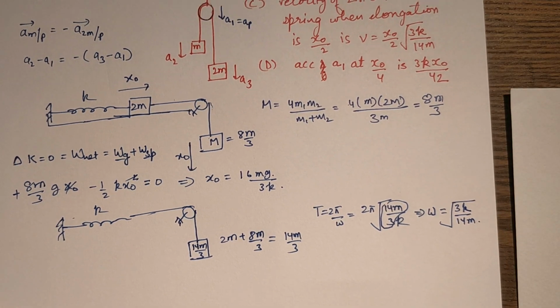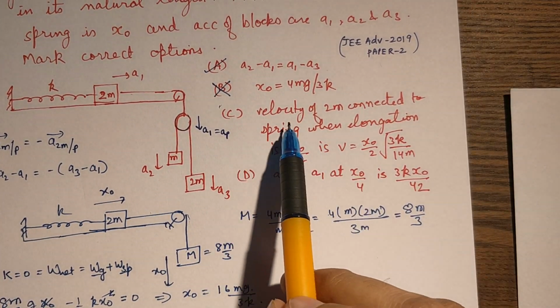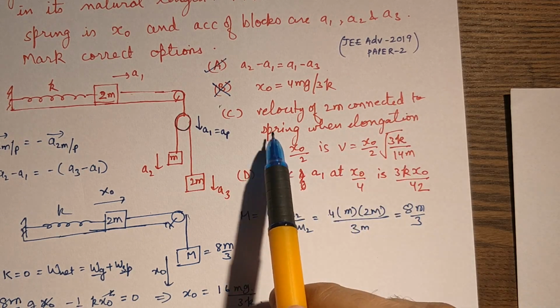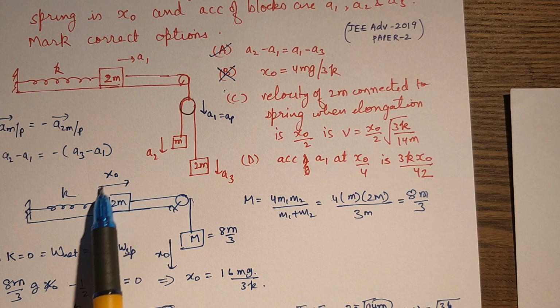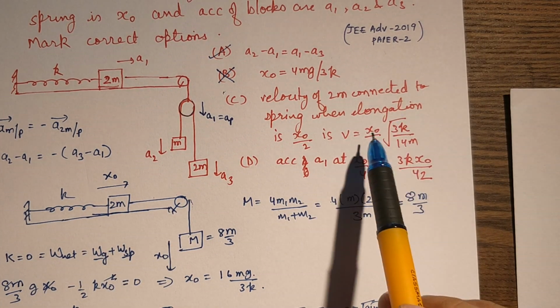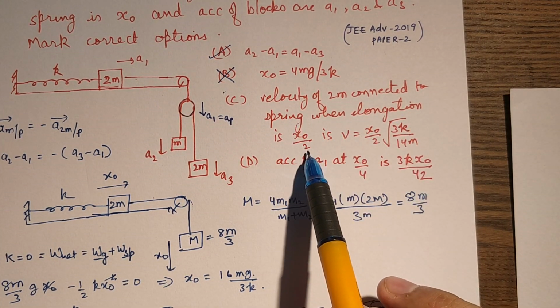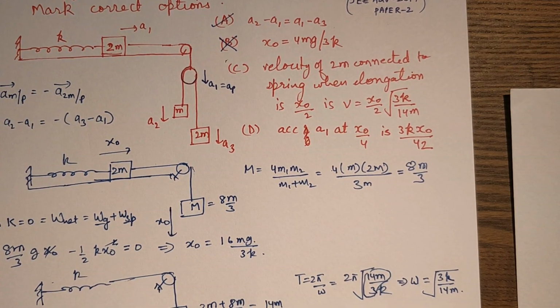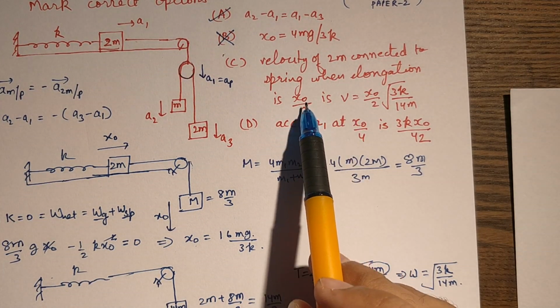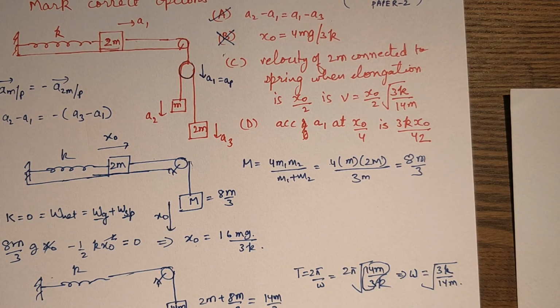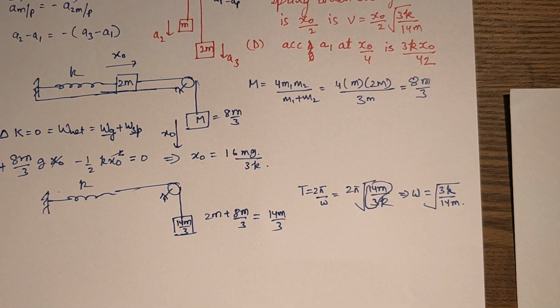Now, what is part C? The velocity of 2m connected to the spring, that means this velocity, and we very well know its velocity will be the same. That's why I combined these two. When elongation in the spring is x naught by 2, you very well know the maximum elongation is x naught, when it comes to rest. So x naught by 2 is nothing but its mean position, and at mean position we know the velocity is maximum.